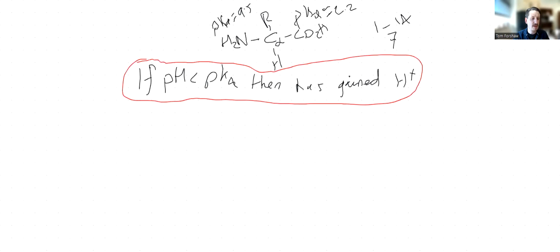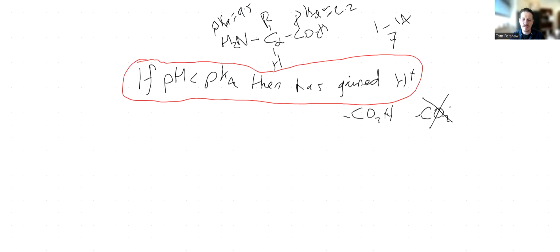And so that would mean that if it's gained, then you're going to have CO2H, not CO2 minus. I guess it hasn't really gained, it just has.